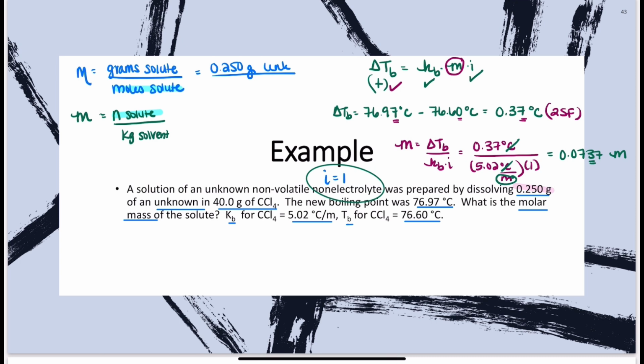I have this information because I just calculated it. But I also have this information right here. I've dissolved this in 40 grams of carbon tetrachloride. I can convert that to kilograms and find the number of moles. So my number of moles of solute will be equal to my molality times my kilograms of solvent.